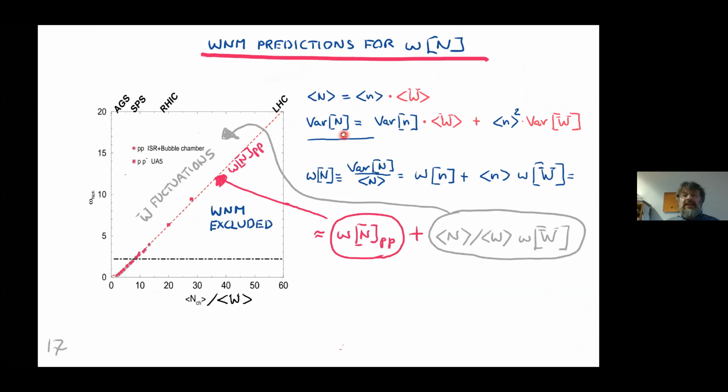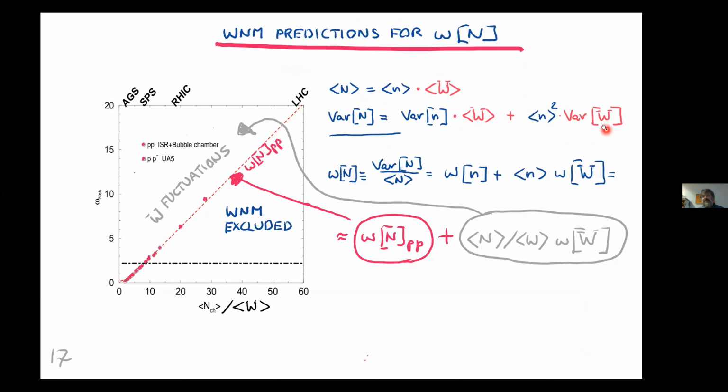So the variance of the multiplicity distribution in AA has two components. The first one is the variance of the multiplicity distribution from a single wounded nucleon times the mean number of wounded nucleons. And the second, usually we call it the wounded component, is the variance of the number of wounded nucleons, and the scaling factor is the mean multiplicity from a wounded nucleon squared.